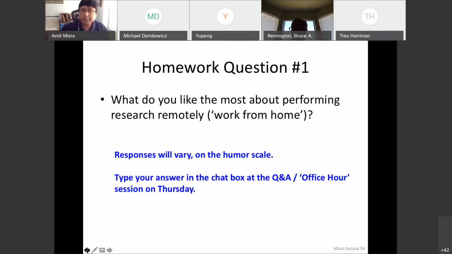Okay, next question from Bruce Remington. Has anyone studied high entropy alloys at high pressures in excess of 100 GPa and high strain rates greater than 10 to the 6 per second? Very good question. Not to my knowledge. I think there have been some rate dependent studies, but those are not at the rates you are talking about.